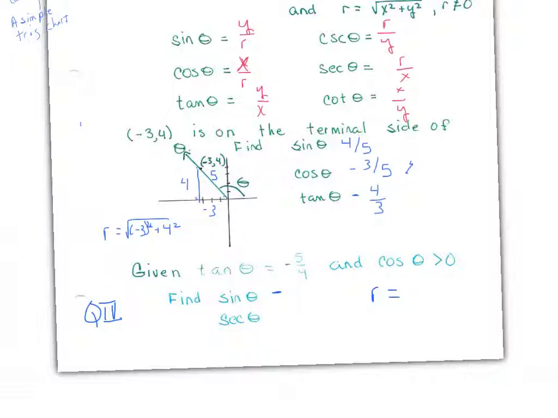But we've already taken account of that because we know that sine is negative in the 4th quadrant. So what is r going to be? Well, it's the square root of 25 plus 16. So we just have to leave it there. So what's the sine going to be?